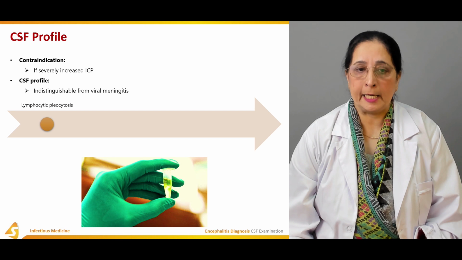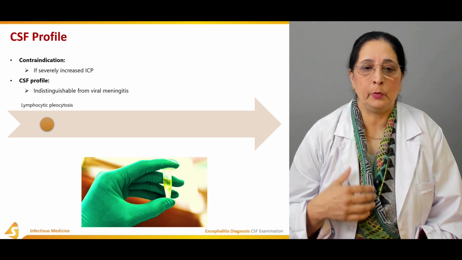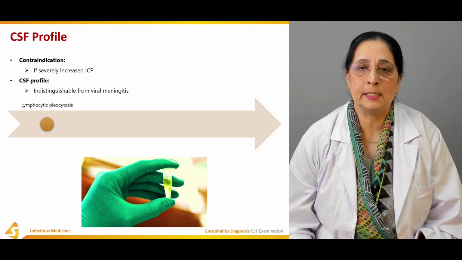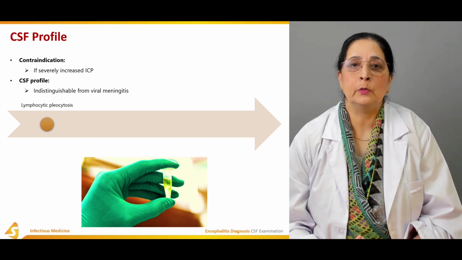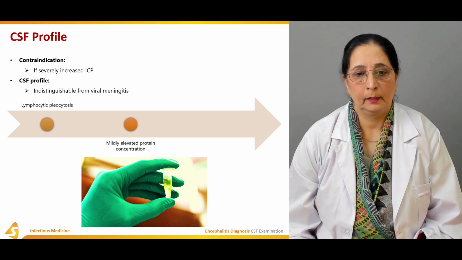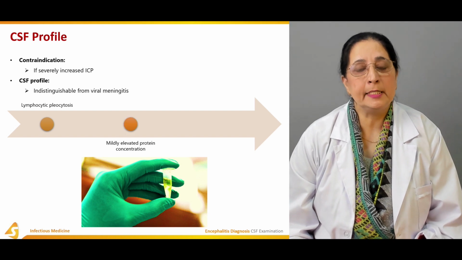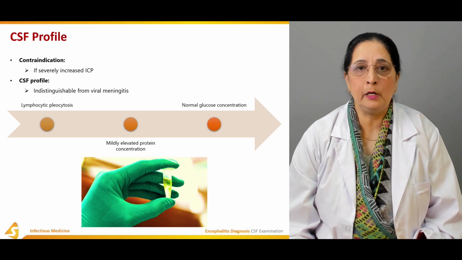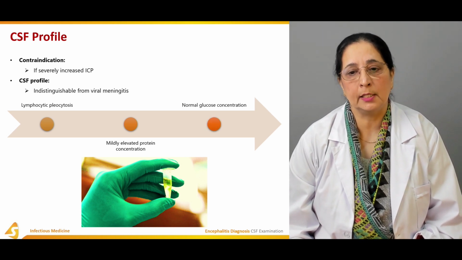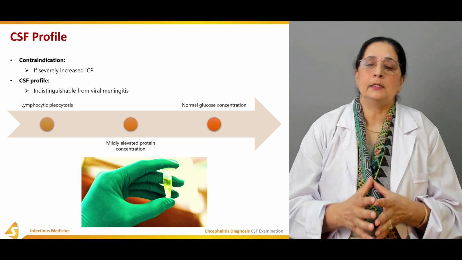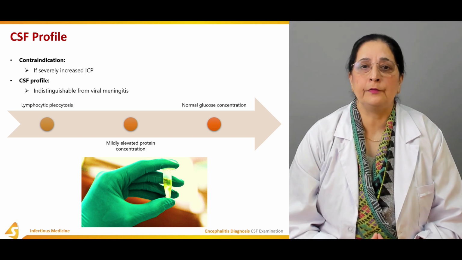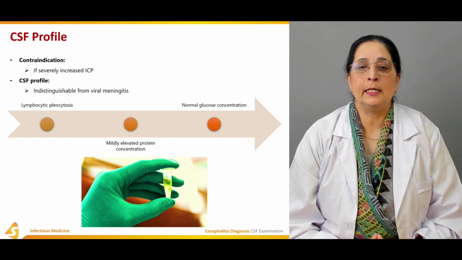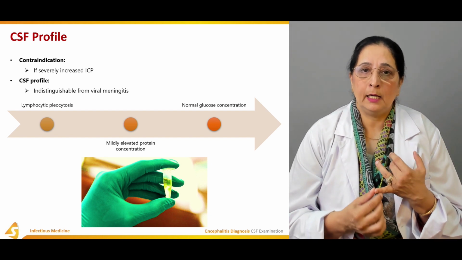Lymphocytic pleocytosis is present, so increased number of lymphocytes is present. Mildly elevated protein concentration is present, and normal glucose concentration is present. So these are some features of cerebrospinal fluid profile which are present in encephalitis.